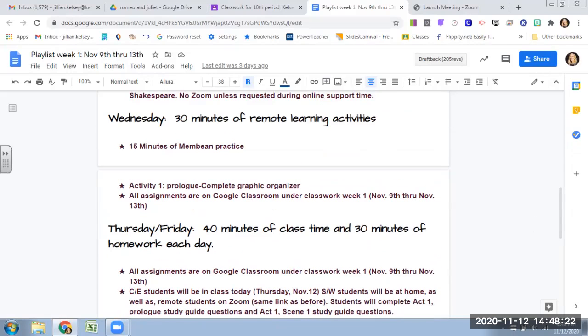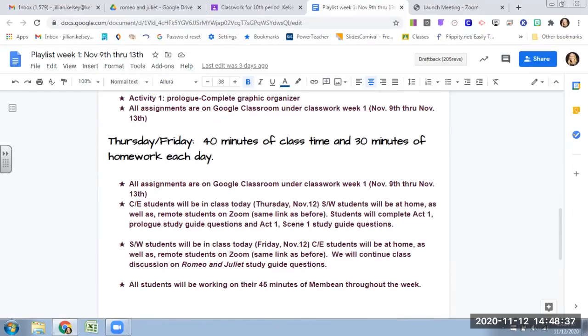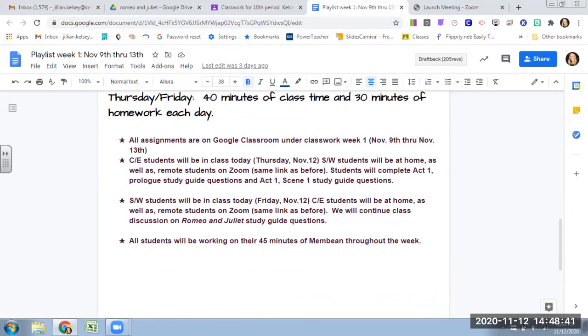All right, Wednesday was our 30 minutes of remote learning activities. You should have done your 15 minutes of MemBean. And then activity 1, prologue, complete graphic organizer. Today, we actually took a look at the 2 movie versions of the prologue, and we completed the exit ticket for the similarities and the differences.